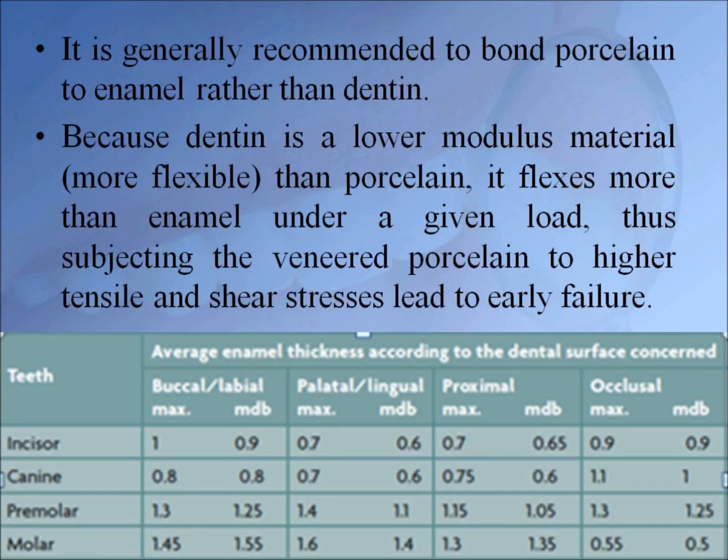It is generally recommended to bond porcelain to enamel rather than dentine, because dentine is a lower modulus material, more flexible than porcelain, so it flexes more than enamel under a given load, thus subjecting the veneering porcelain to higher tensile and shear stresses that lead to early failure.